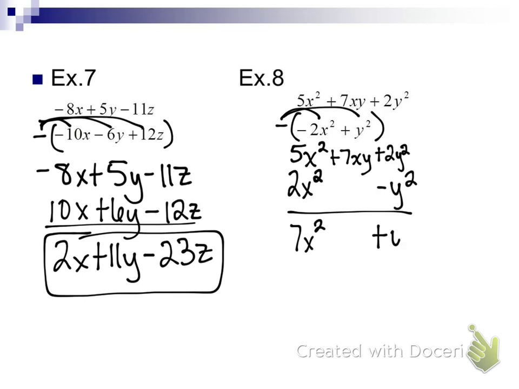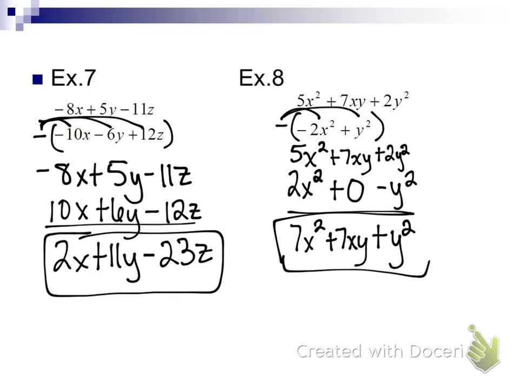Yep, what would go in the middle of them? 14xy. We're going to be adding that. We're not changing that, so if we want to, we could put a big 0 right there. So is it going to change? No. It just stays the same. That middle term stays the same if there's nothing to add to it. Okay.